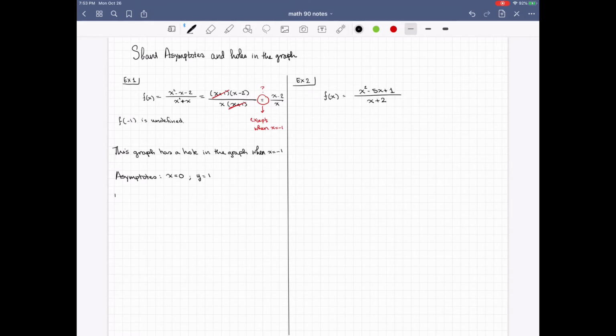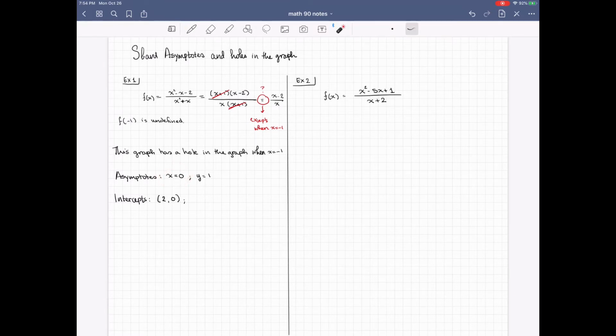For our intercepts, the x-intercept, remember that's where y would be 0. So we would need this whole quotient to be 0, and that would happen when the numerator is 0. So we have an intercept at the point 2, 0. We don't have a y-intercept to speak of because we have a vertical asymptote at x equals 0.